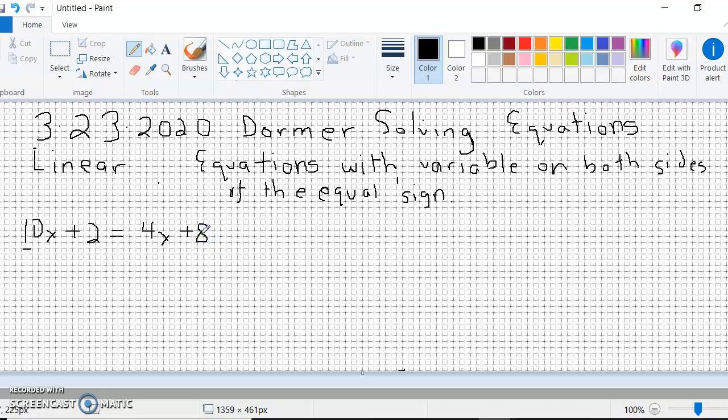So the first thing to do, and what I like to do, is to ensure that my x is not negative. So I have 10x that's greater than 4x on this side. So I will eliminate the 4x first. So I would say negative 4x, because I want to do the opposite to get 0 on one side, and then negative 4x on this side.